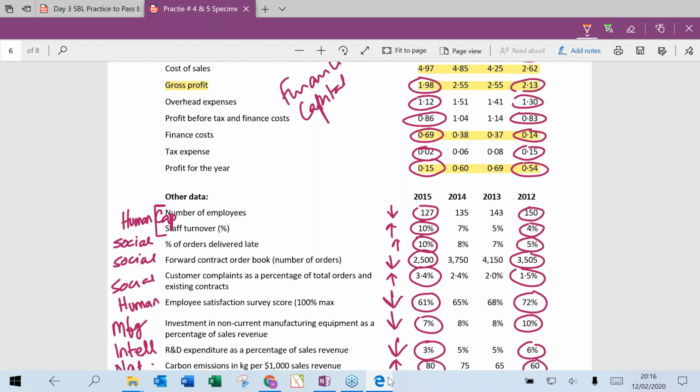There are more revenues and less people. That is why staff turnover might have gone up. Our number of orders are delivered late. Oh, but that's social capital. But we can give this reason in social capital. Customer complaints have gone up, all because of our human capital, right?